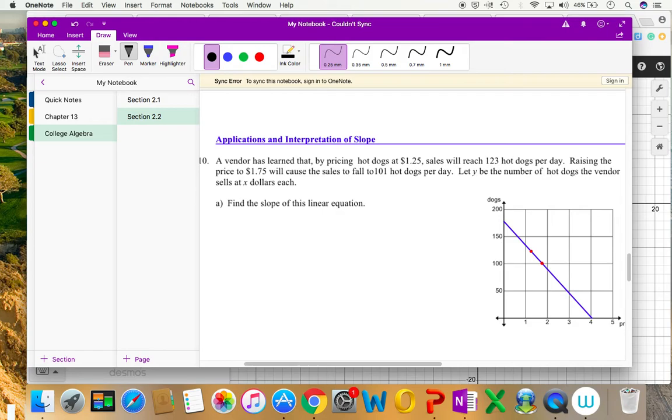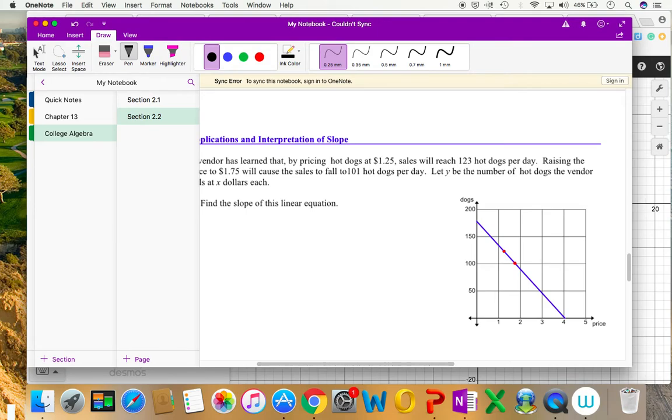Okay, the first thing as I would interpret is notice how we're comparing price and dogs, where dogs is my y-axis and price is my x-axis. So I can label each one of these points. This first point, where my price point is a little bit more than $1, and it looks like I'm between 100 and 150. So this price point would be the first scenario, where I'm looking at 123 dogs.